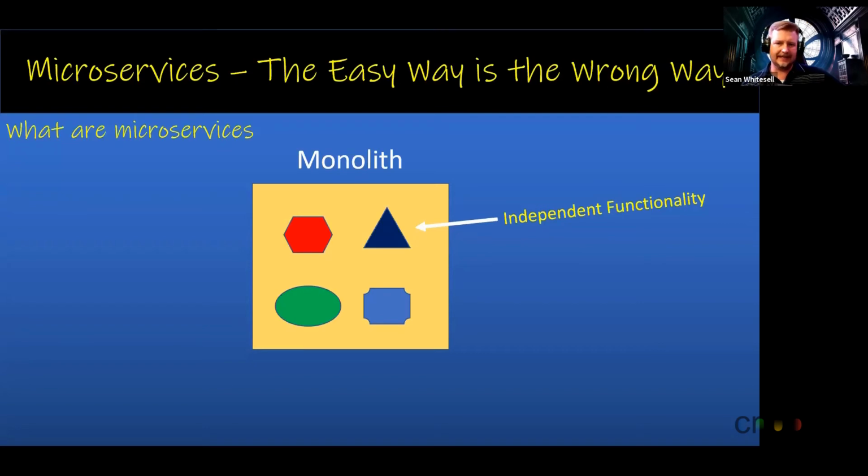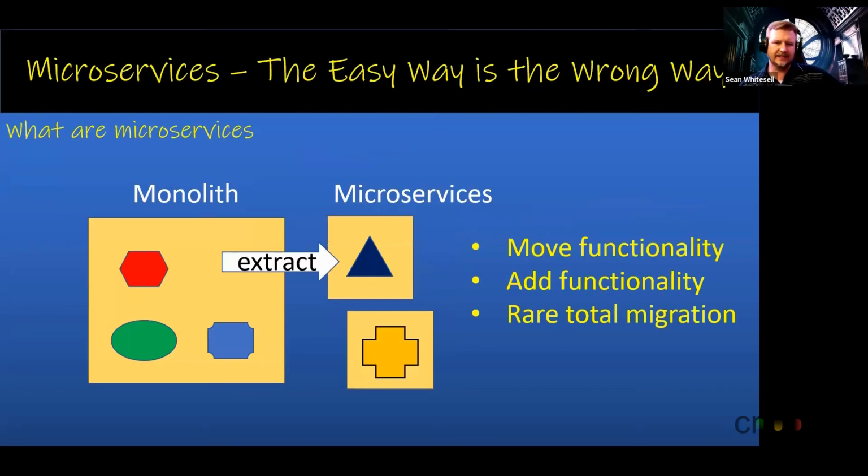So as we're looking at a monolith as being a single code base with different pieces of functionality in it, with a microservice, generally what you'll see is that a service will be extracted out into its own microservice.